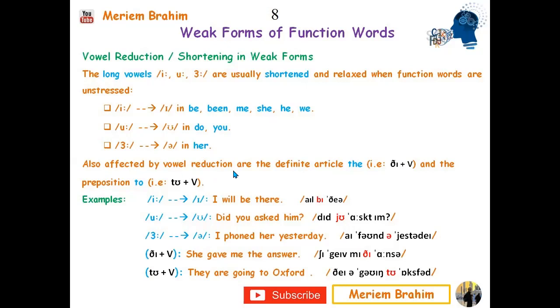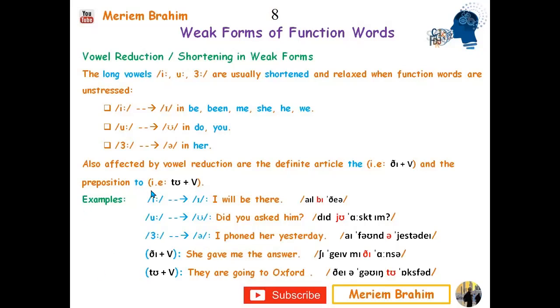Also affected by vowel reduction are the definite article the and the preposition to. The becomes short i when it is followed by a vowel, and to becomes short u when it is followed by a vowel.